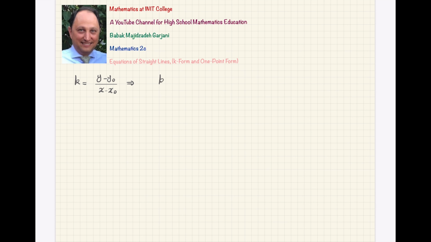This becomes k times x minus x node. On the right hand side I also multiply it by this. But now you remember this one and that one are cancelled, so what I get is k times x minus x node is equal to y minus y node.